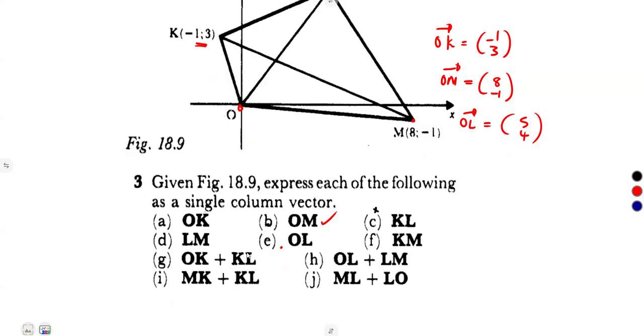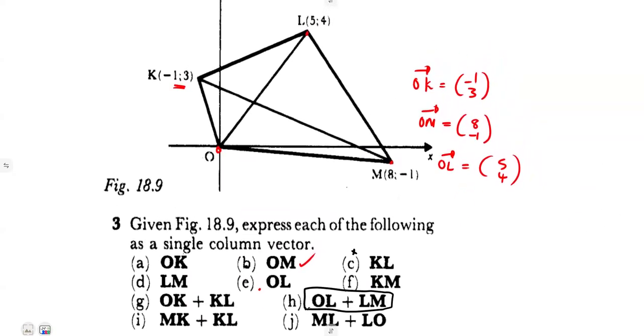All right, then we have questions such as this one, OL plus LM. I want you to see something. OL, that is O to L, plus L to M, like this.